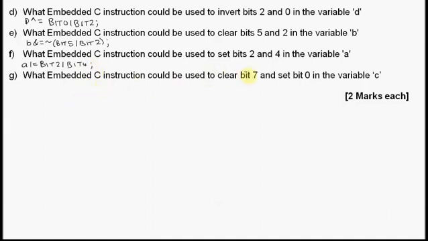And finally, clear bit 7 and set bit 0 in the variable C. Now we could do this as 2 lines of code, or we could do it as one compound line of code. So we basically say C is equal to C ANDed with not bit 7.